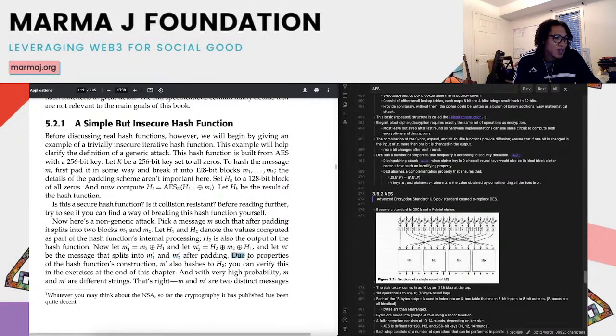Okay. Due to properties of the hash function's construction, M prime also hashes to the output.